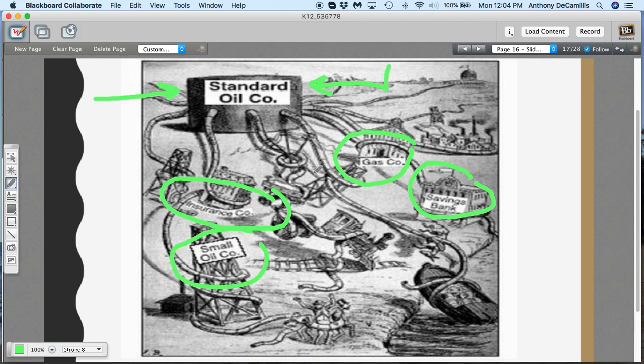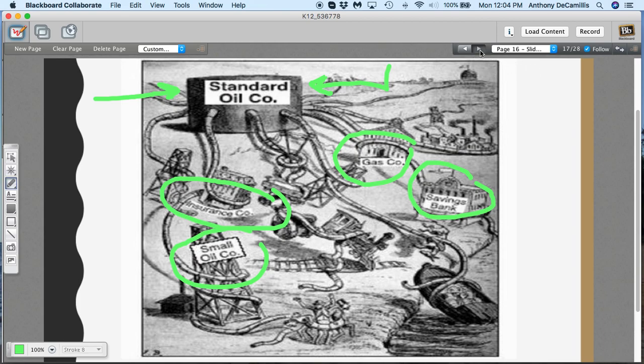Transportation isn't even on here. They own railroads and whatnot. It's a massive trust of monopolies. So hopefully you see the difference. Monopolies are kind of its own thing. You could monopolize any one of these industries, but once you've combined them all, you've got yourself a trust.